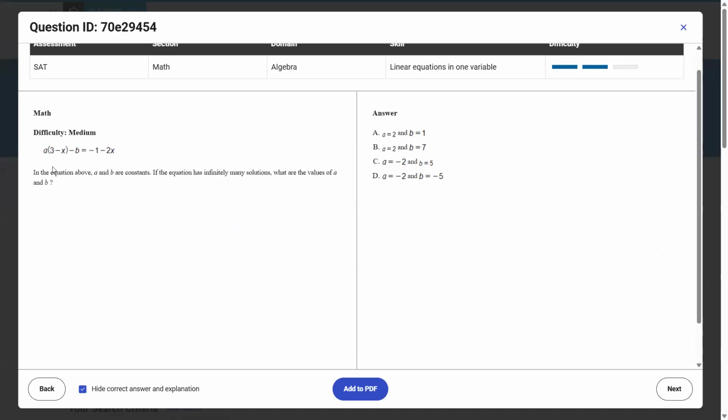In the equation above, a and b are constants. If the equation has infinitely many solutions, what are the values of a and b? So we said that if the equation has infinitely many solutions, that means that both sides should be equal. So let's solve. a(3 minus x) minus b equals minus 1 minus 2x.